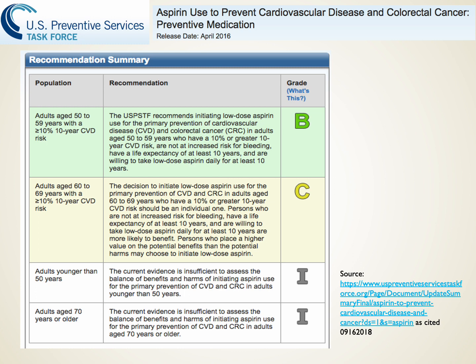What they recommended in April of 2016 also was that for patients younger than 50 or older than 70, the data was not yet strong enough for us to recommend either routine use or avoiding aspirin in either of these two populations. Again, these are all patients who have not had an MI, they've not had a stroke, but they may be at risk for that.